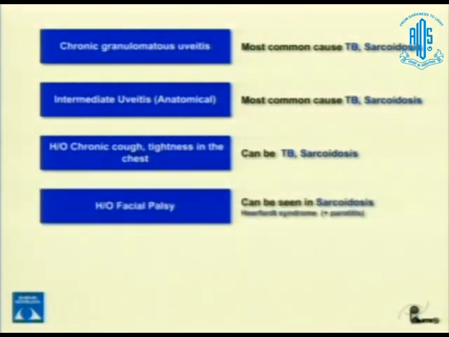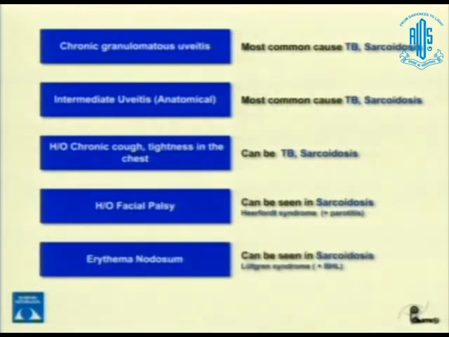Now, history of facial palsy is an important sign of sarcoidosis. If associated with parotitis, we call it Heerfordt syndrome. There is erythema nodosum. Though it's a non-specific finding, it can be seen in sarcoidosis, and if associated with bihilar lymphadenopathy, we call it Löfgren syndrome.